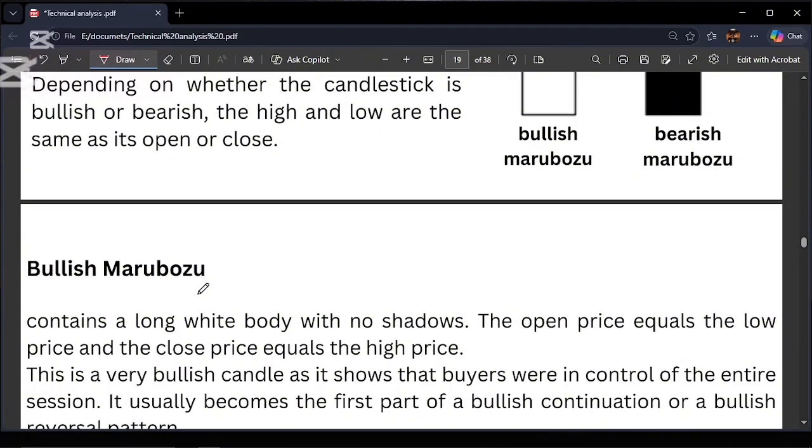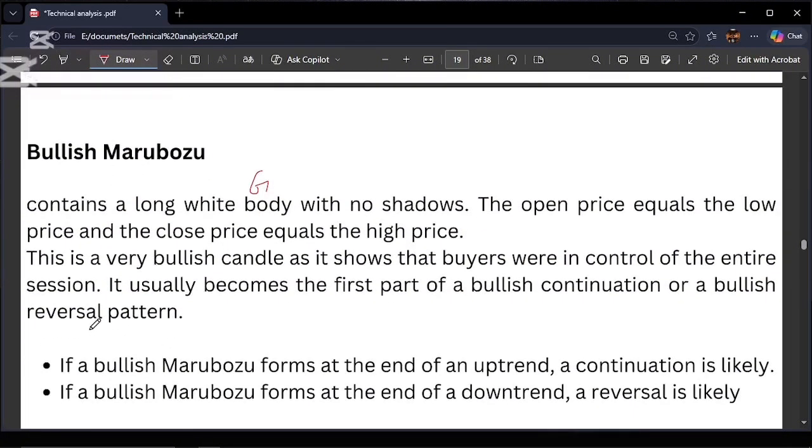A bullish marubozu contains a long white or green body with no shadows. The open price equals the low price and the close price equals the high price. This is a very bullish candle as it shows that the buyers were in control over the entire session.